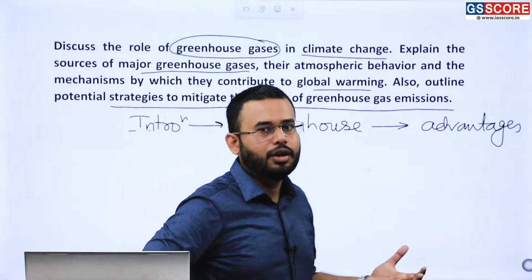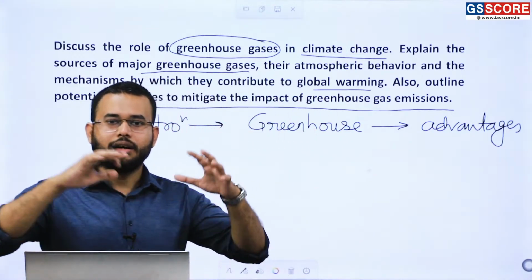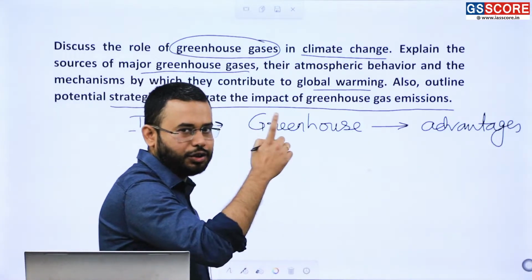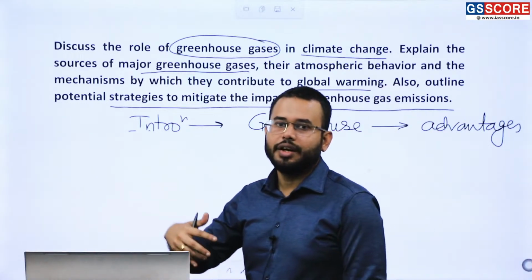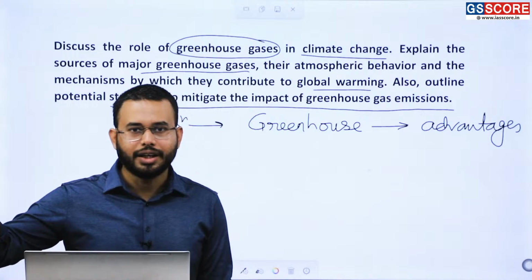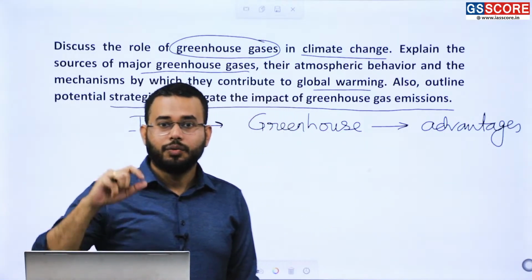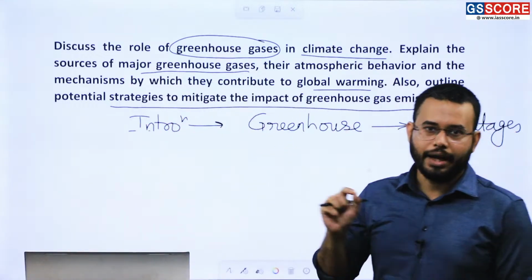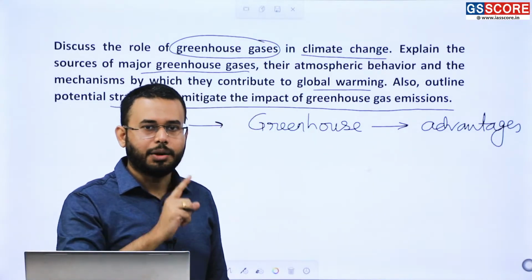which are there, which have the ability to trap heat, create a large greenhouse for the earth, where the insolation is coming in but the terrestrial radiation is not going out fully, so it traps a layer of heat surrounding the planet, which is very essential for sustaining life on the planet. So that is the advantage of these gases in the atmosphere.